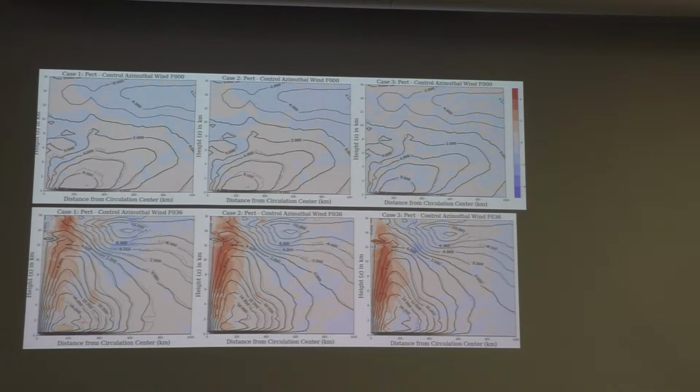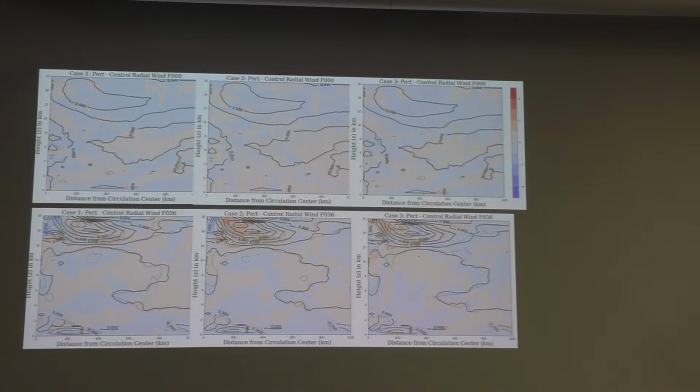That's something I can also see how much more it goes up, but yeah, it is not the top of the model. Also, just looking at the perturbations to the radial wind, or looking at the differences in the radial wind, it's a little bit less of a clear indication of what's happening.